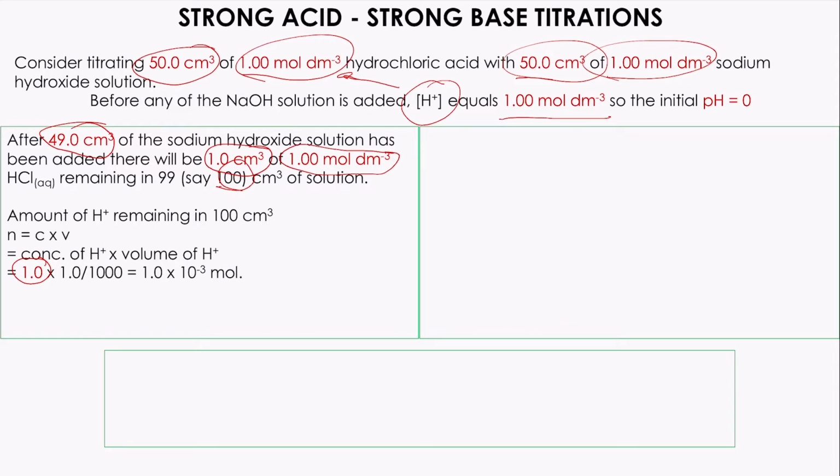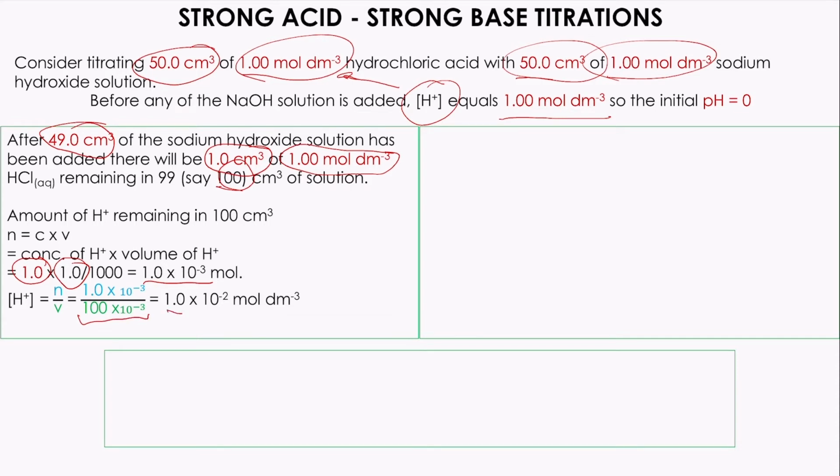So the leftover is 1 divided by 1000, because we would like to make our volume in cubic decimeter. So we will have this number of moles, 1 by 10 to the power negative 3. Then the concentration of hydrogen will be N over V, the number of moles that we have calculated, over the total volume of the solution, which is 100 by 10 to the power negative 3.